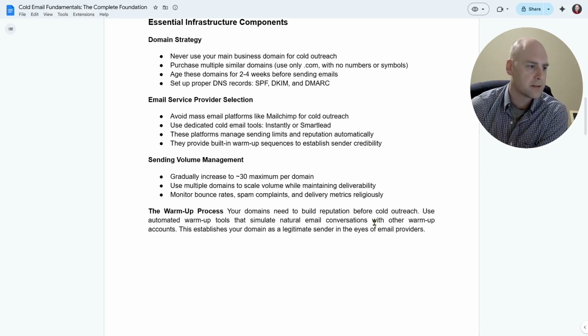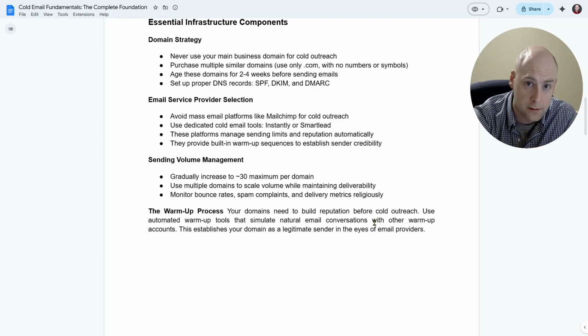For mass email platforms, I personally use Instantly.ai. There's also Smartlead.ai. Those are probably the two big services for managing your cold email infrastructure. Both of these services have a warm up process, or you can automate the warm up process using either of these services.